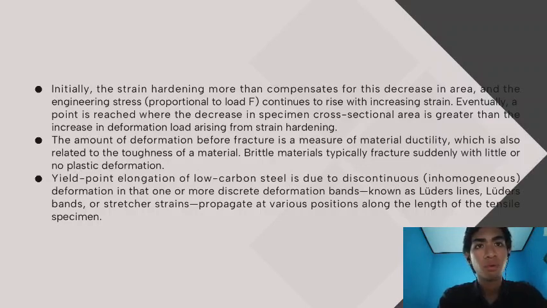At the upper yield point, this discrete band deforms, starting at a stress concentration such as a fillet. Coincident with the formation of the band, the load drops to the lower yield point. The band then propagates along the length of the specimen, causing the yield point elongation.